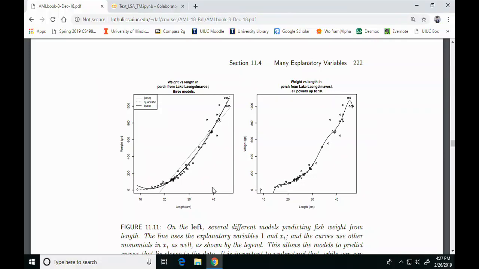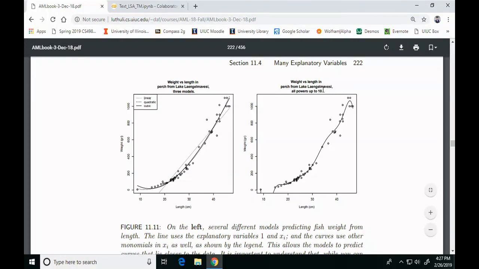The cubic also fits things pretty well, but what you find is that it's doing something a little bit odd over at the edge here. Often if you go too far, if you have too high of a power on your inputs, you're going to get some weird behavior, especially at the edges. But on the right-hand side, we took it to the power of 10.